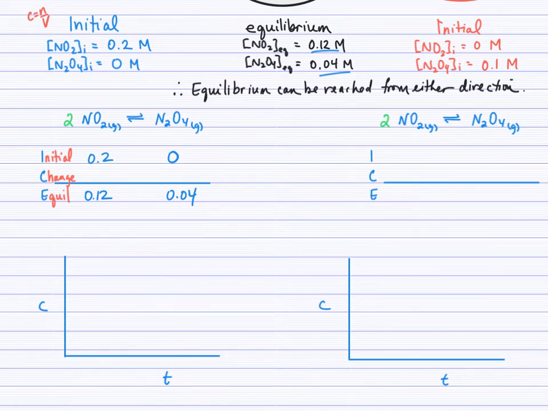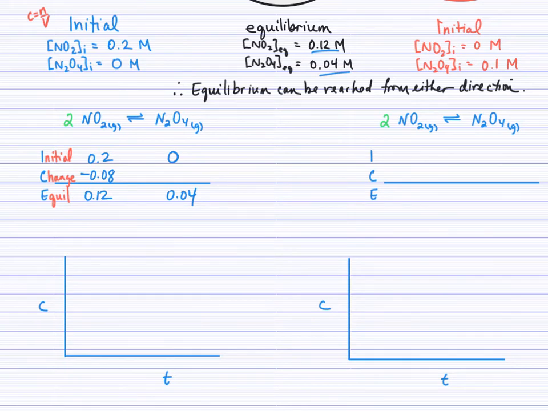So what do I fill in the change row? Well, how did 0.2 moles per liter here become 0.12? Did this initial concentration increase or decrease as it approached equilibrium? Hopefully you're thinking it decreased because the number dropped. And how much did it drop by? 0.08. Okay, how about on the N2O4 side?